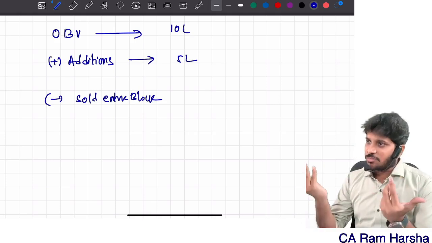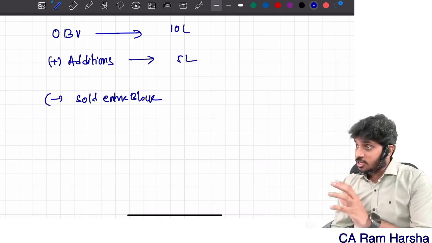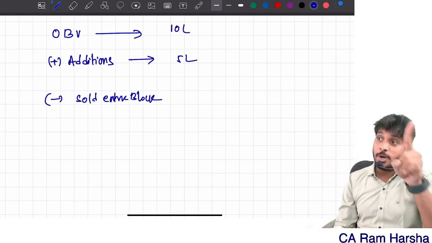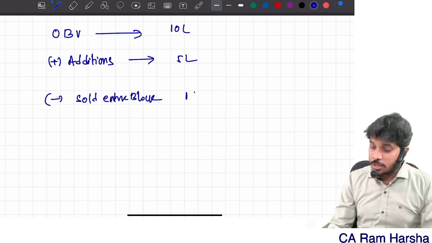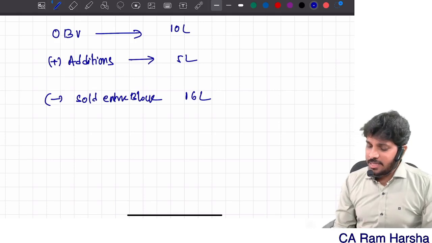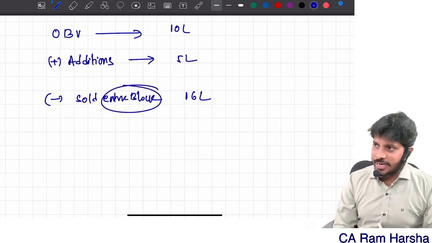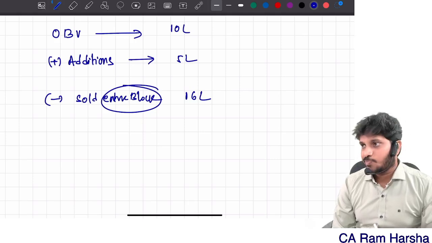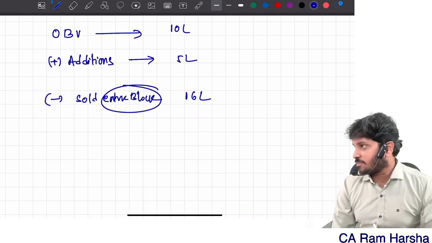Every asset in that block is sold. The total value of all the assets sold belonging to this block is 16 lakh. Since I sold the full block, will I get depreciation first of all? I will never get depreciation.